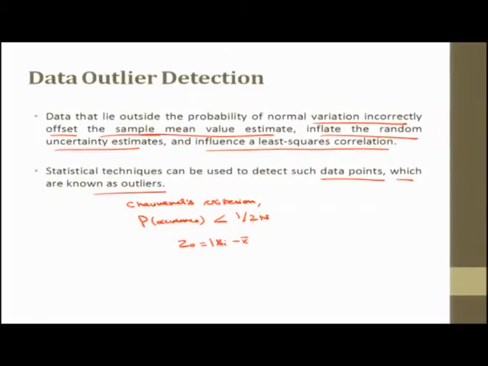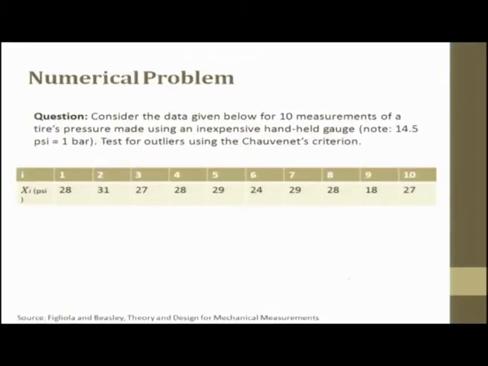So, z naught is equal to xi minus x bar by standard deviation of x, and the probability value for the potential data point, that is the outlier, is calculated as 1 minus twice the probability for z naught, if it is less than 1 by 2n.